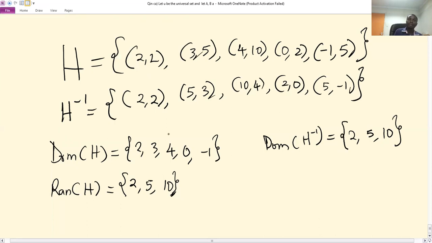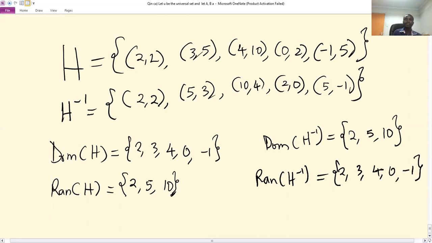And then the range of the inverse relation, second elements, we have 2, 3, 4, 0, and -1. You see domain of H is the same as range of H inverse, and range of H is the same as domain of H inverse.